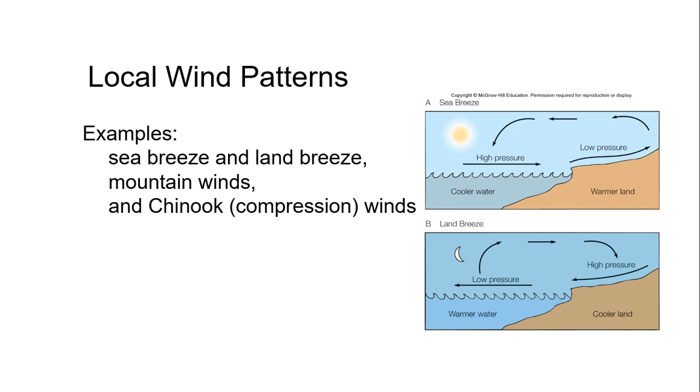This will last as long as the land is heating up faster than the water. And the greater the heating, the stronger the sea breeze is, which is why sea breezes are most common in the summertime. At nighttime, you have the opposite. The land will actually cool faster than the water will, so the land becomes colder, reverses the cycle. This is known as a land breeze.